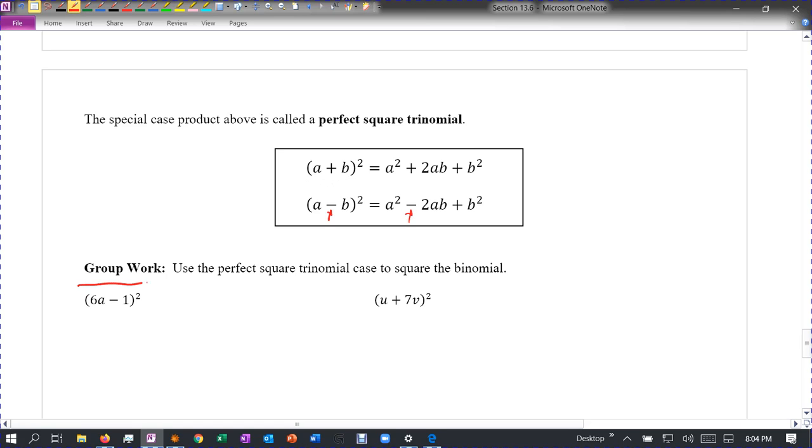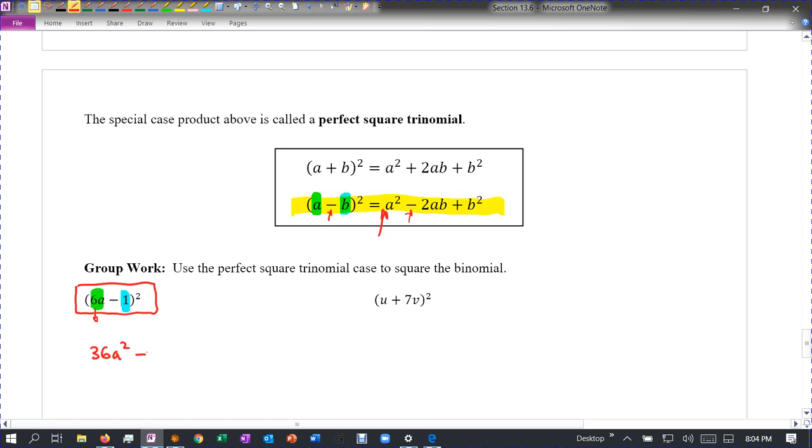So let's take a look at this first one here. For us, we have a minus sign between them, so we're looking at this one here. The a for us is actually 6a, and the b for us is the 1. So let's just follow the formula. First thing is, what's a squared? Well, for us, that's 6a times 6a, that's 36a squared.